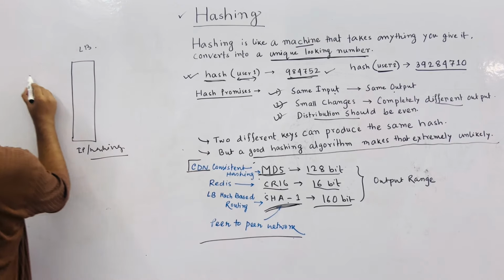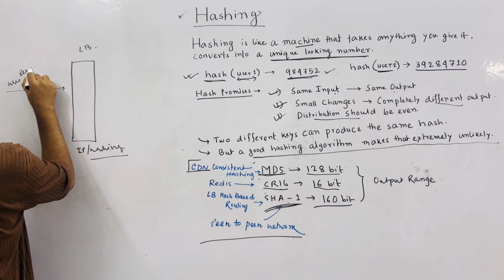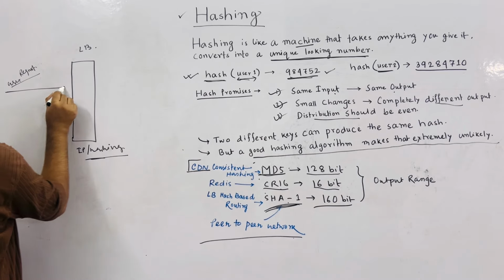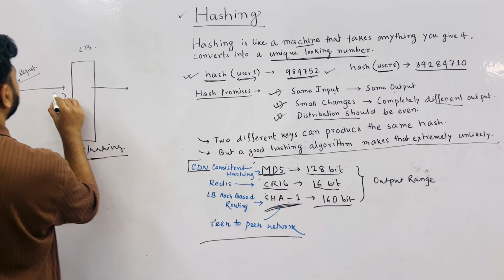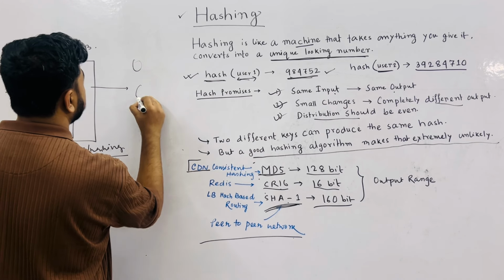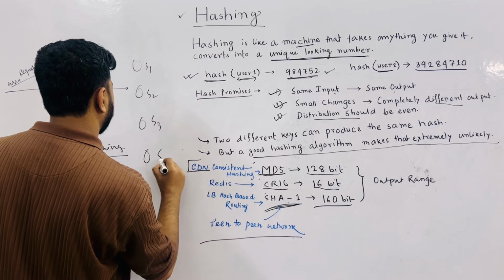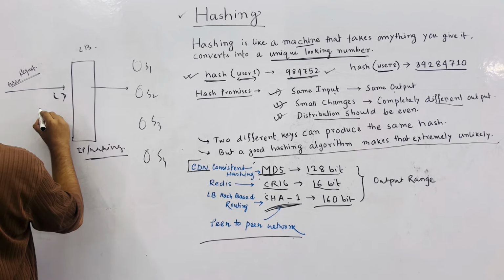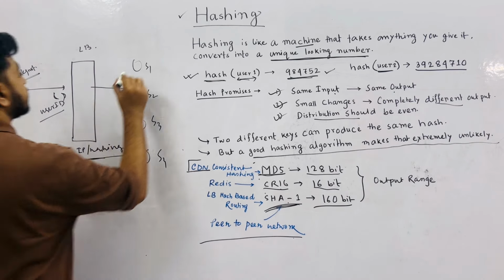That means when the user request comes, it is hashing the user request, and based on this hash function, it is deciding which server to send the load to: S1, S2, S3, S4, right? Suppose the hashing key is the user ID, so based on the user ID, it computes the hash.